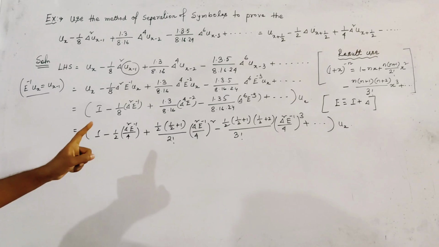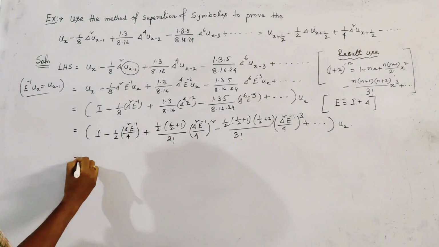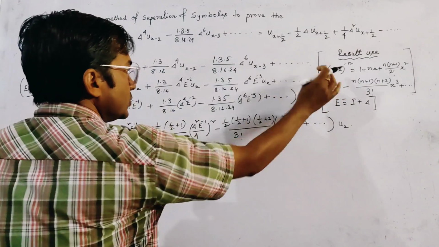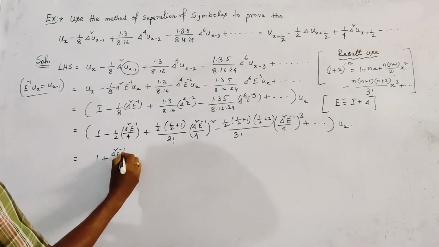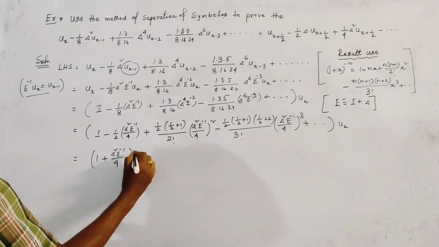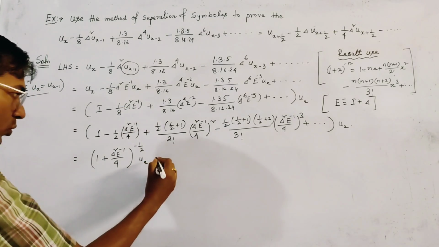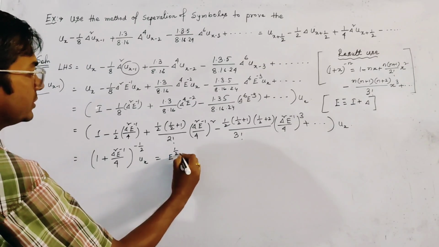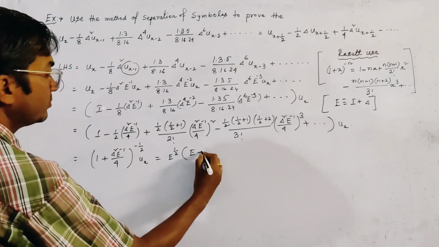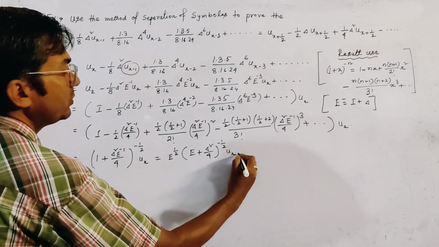Clearly, by writing this form, we may write this series as (1 plus delta squared E to the power minus 1 by 4) whole to the power minus 1/2 into u_x. And from here, this is E to the power 1/2 into (E plus delta squared by 4) to the power minus 1/2 into u_x.